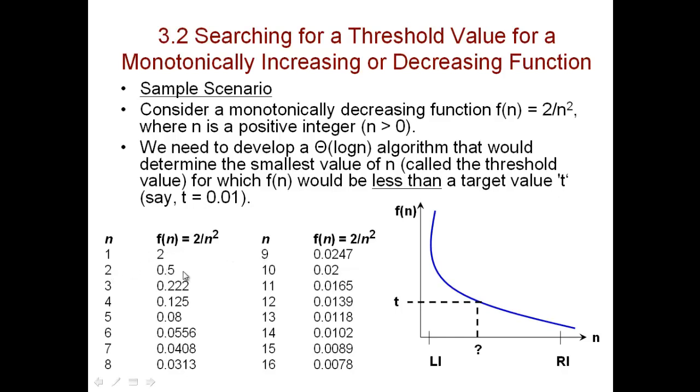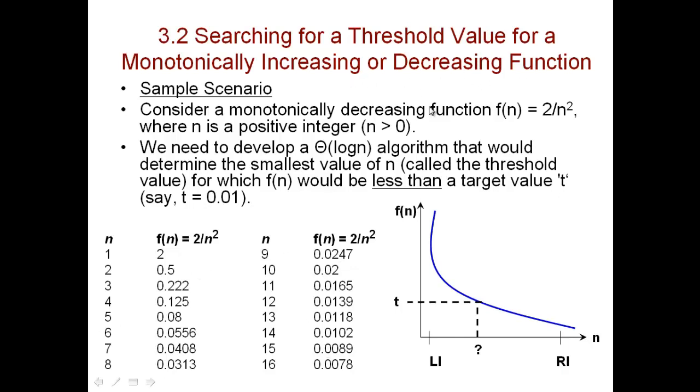If n is 2, 2/2² is 0.5. If n is 3, 2/3² is 0.22, and so on. If you plot n versus f(n), the values keep on reducing like this. As n increases, the values keep on reducing, so it's a monotonically decreasing function.